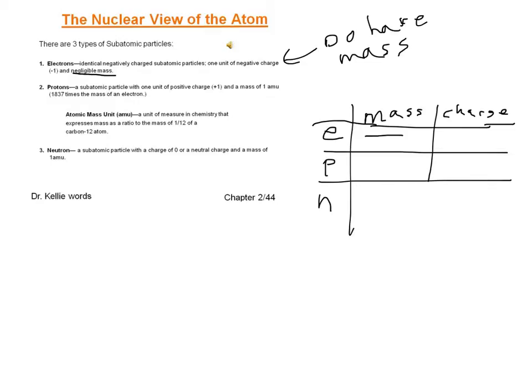However, their mass is so small compared to the mass of the proton and the neutron that when you add the mass of the electron to the mass of the proton, you get the mass of the proton back, because the mass of the electron is so small compared to the mass of the proton. So we say electrons have a negligible mass when it comes to determining the weight of an atom, or the mass of an atom. We say that electrons have a relative charge of -1.